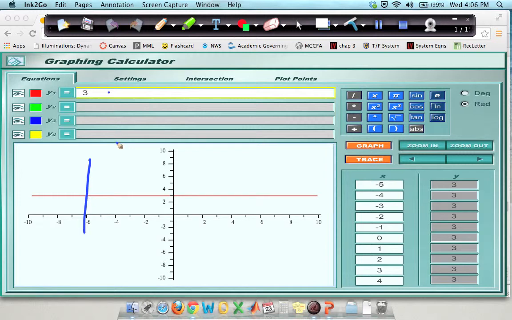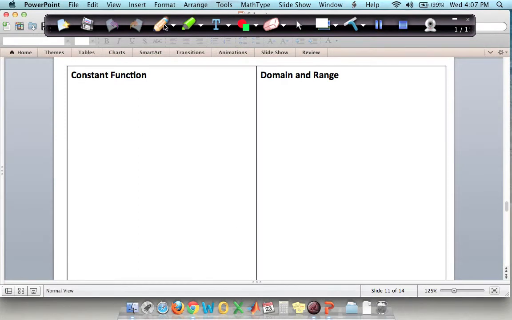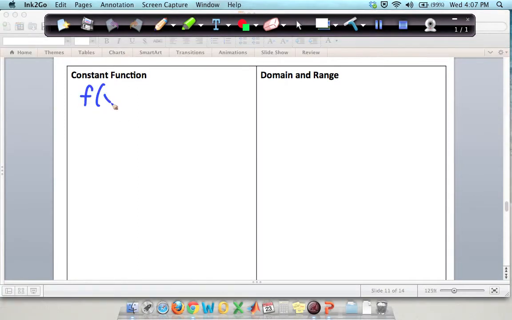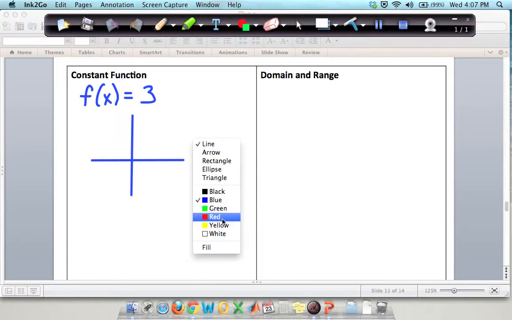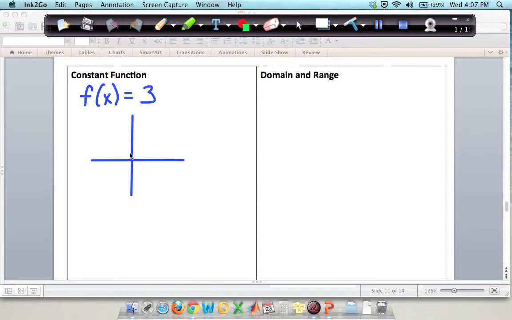So this is a function. So let's go ahead and draw this on here. So I'm going to do f of x equals 3 or y equals 3. And then I'm going to go ahead and graph this at 3. I'm just going to show that that's at 3. So here's 1, 2, 3.